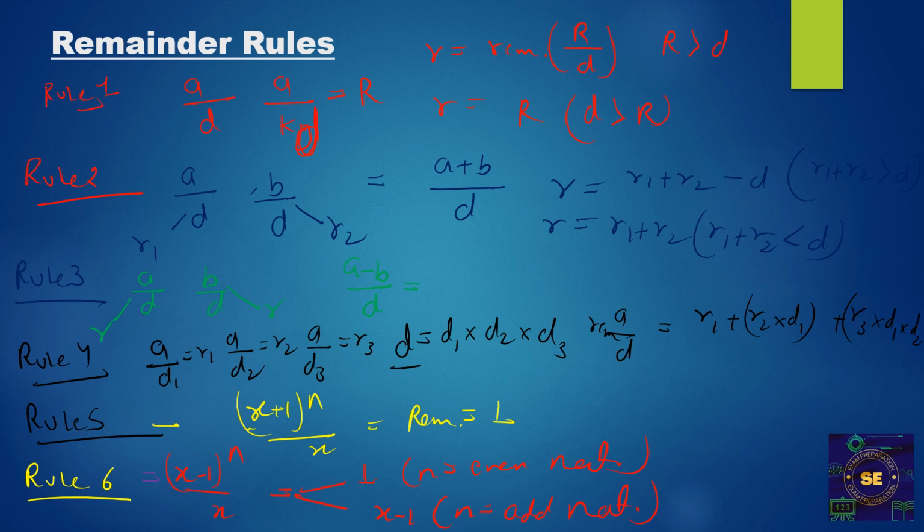So x minus 1 to the power n by x will leave a remainder 1 when n is even, and x minus 1 as a remainder when n is odd. So this was all from my side, all 6 remainder rules, and questions definitely come from this in competitive exams.